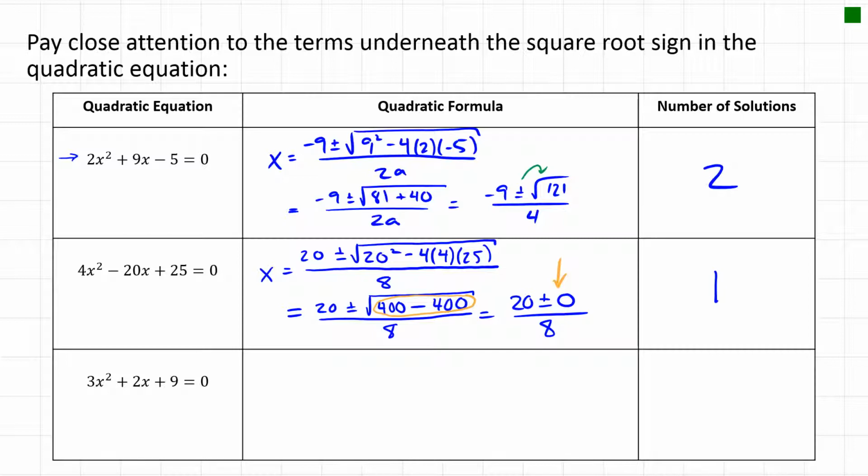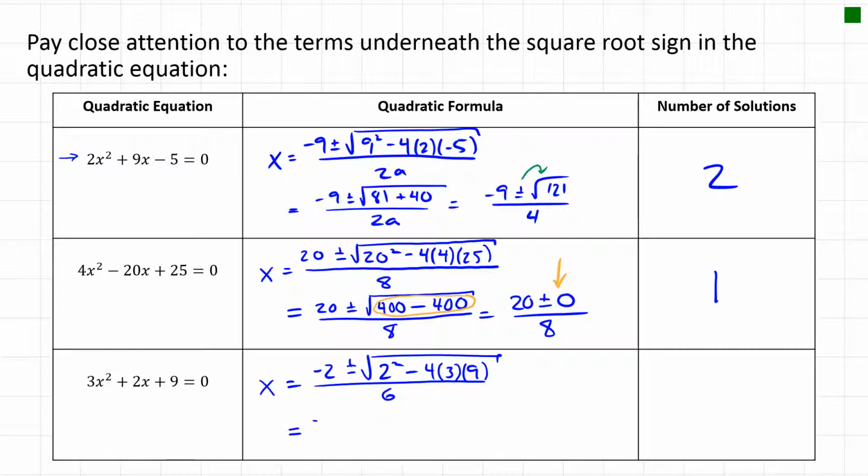And the last example I want to show you is x equals, so we're going to plug these into the quadratic formula. That would be negative 2 plus or minus the square root of 2 squared minus 4ac, so that would be 4 times 3 times 9, all of which is over 2a, which would be 2 times 3 is 6.